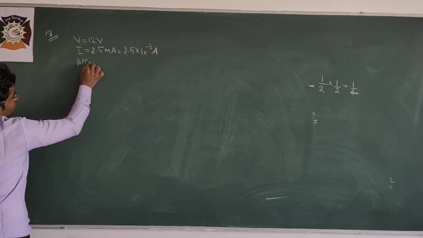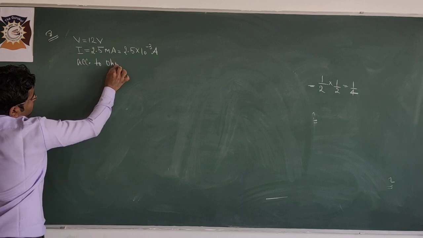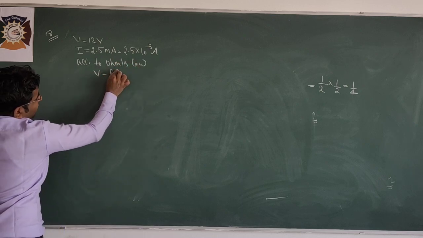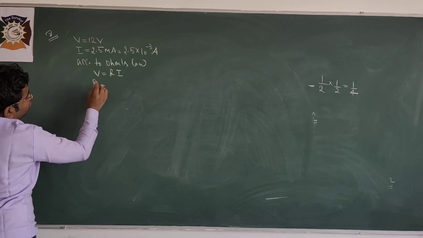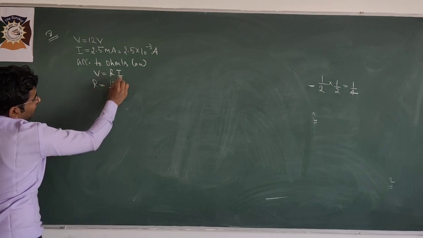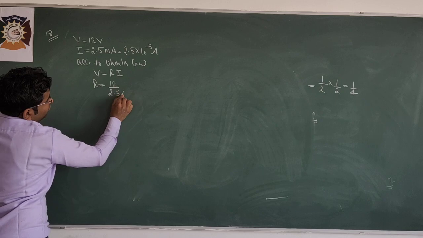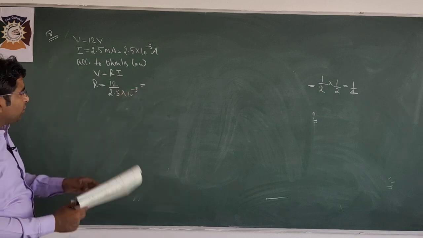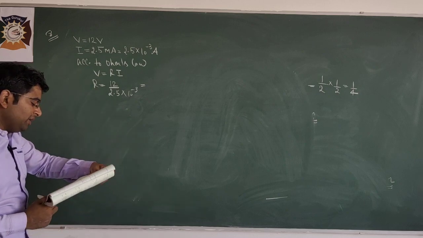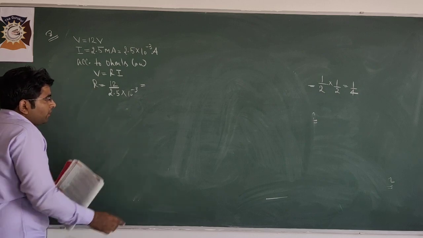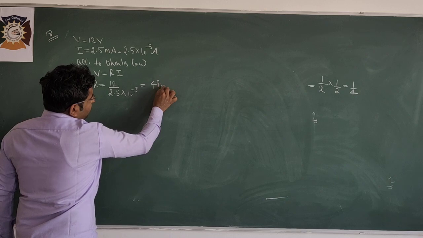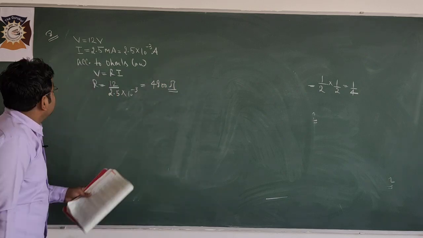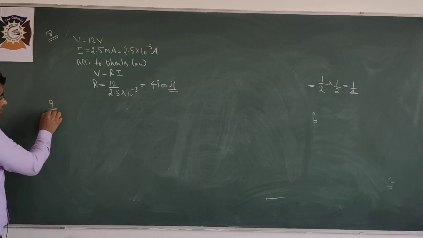According to Ohm's law, we have V equal to RI, R equal to V upon I, V value 12, I value 2.5 into 10 power minus 3. By solving it, you can calculate the value of R and it will come out to be 4800. Clear? Okay, now students, question number 9th.